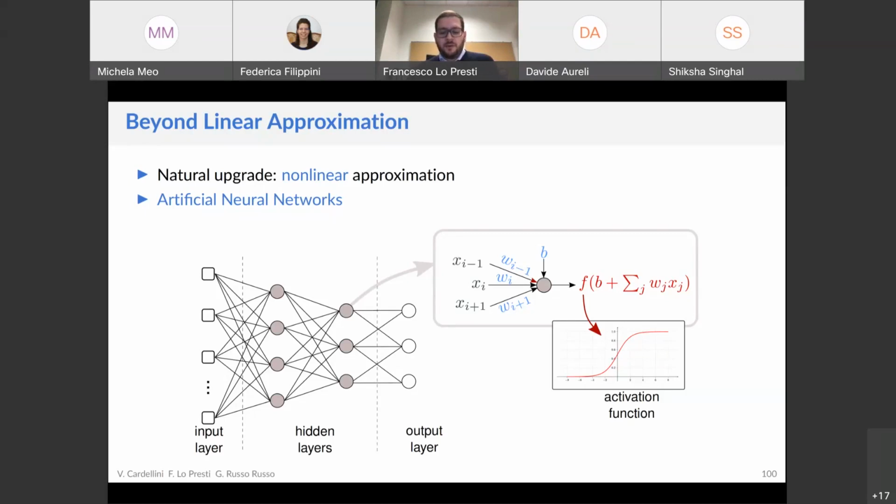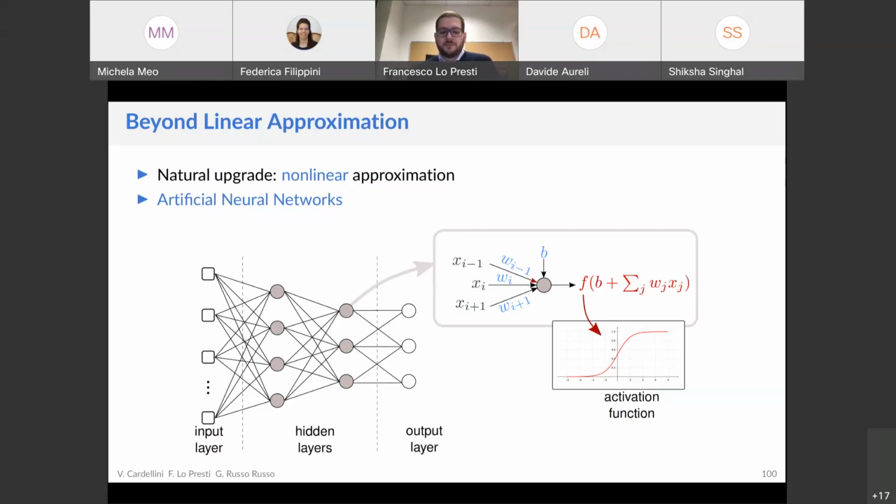You probably know what an artificial neural network is better than I do, but just to say a few words, an artificial neural network is a collection of units called artificial neurons. Neurons are connected to each other, and with each connection, we have associated a weight.